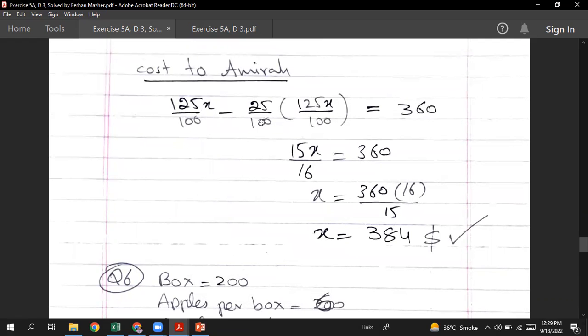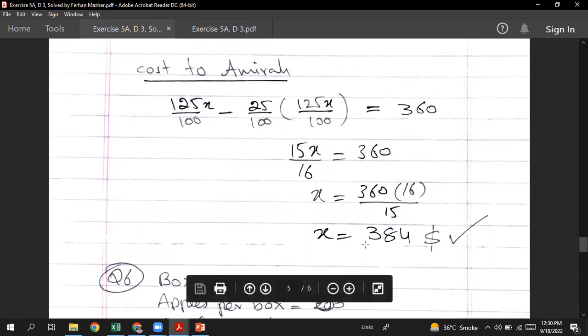When you take the LCM, 10,000, it will be 15x by 16, and that will be equal to 360. So x will be equal to 16 multiplied by 360 divided by 15, and x will be equal to $384.